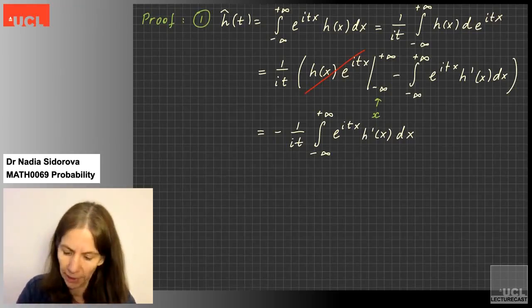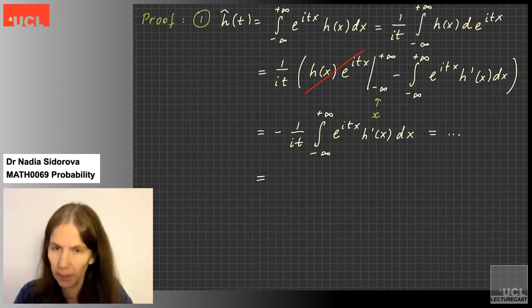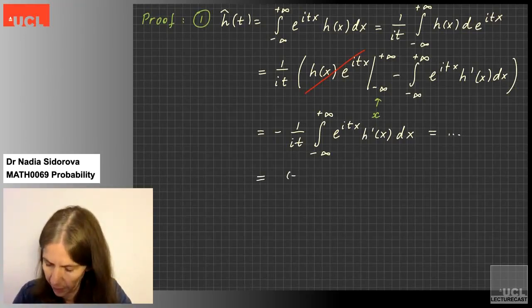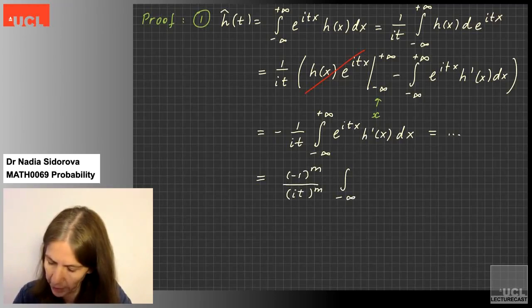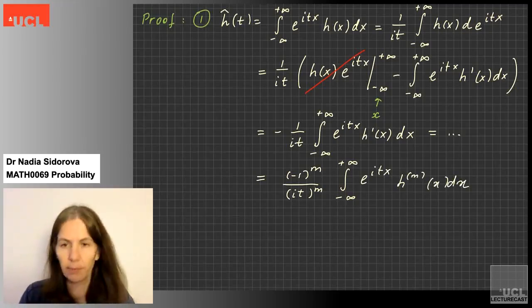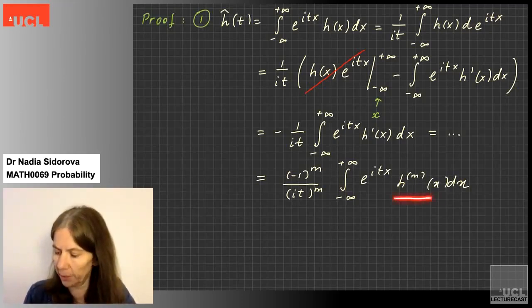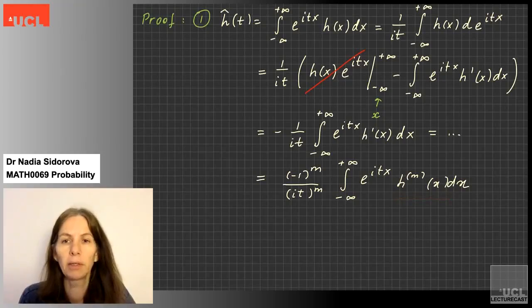You can say by induction, or you can just say by repeating this procedure. So I'm doing this m times, and this gives me (-1)^m (it)^{-m} times the integral from minus infinity to plus infinity of e^{itx} h^{(m)}(x) dx. So you see, to be able to repeat it m times, I need integrability up to level m.